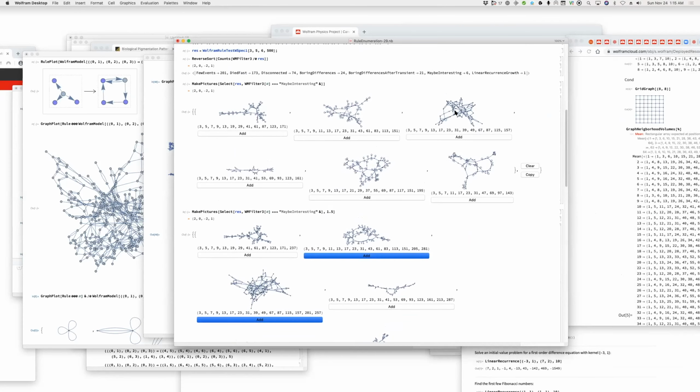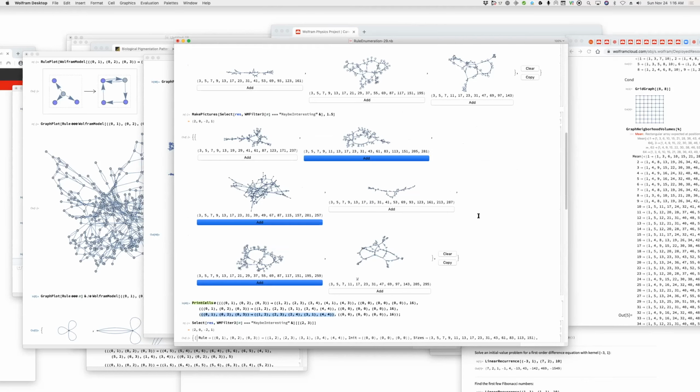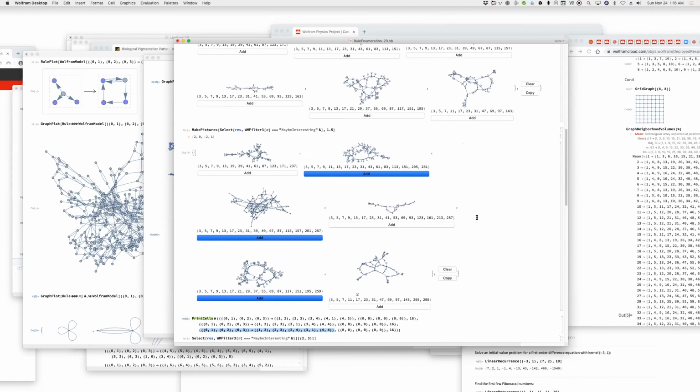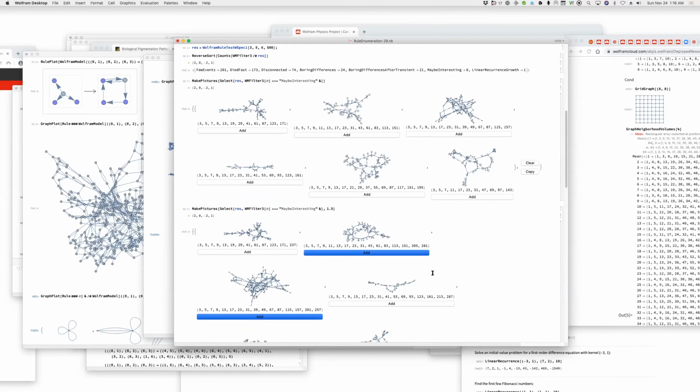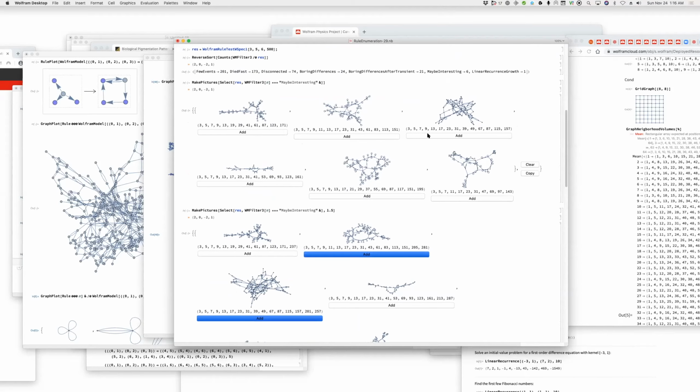Why aren't you interested in that rule there? I think you should be. Yeah, it looks pretty similar actually. All right, I'm going to clear this. I think we need to look at some of these others.